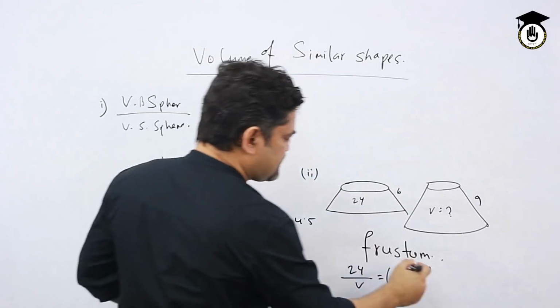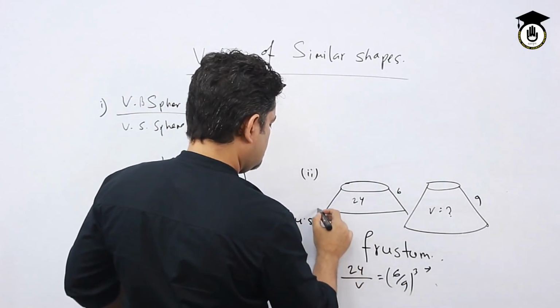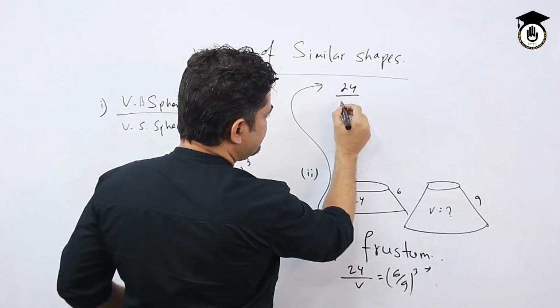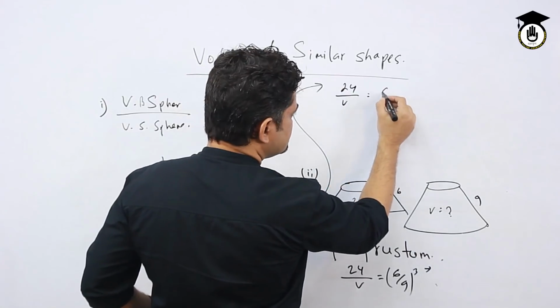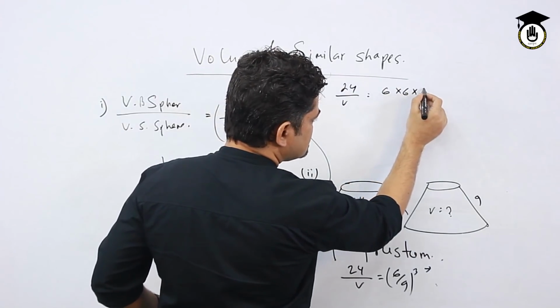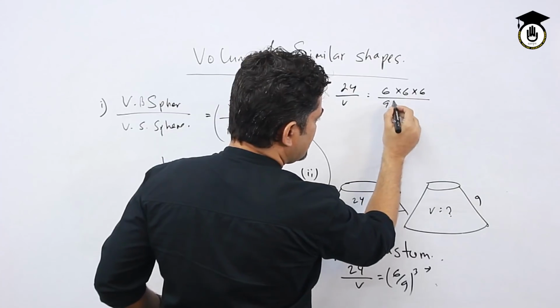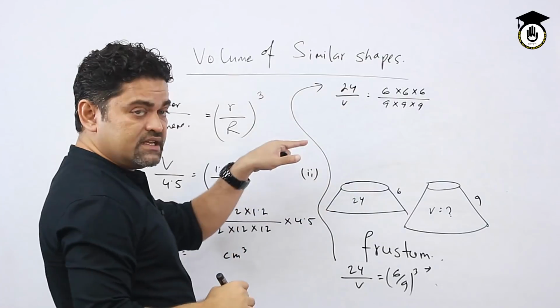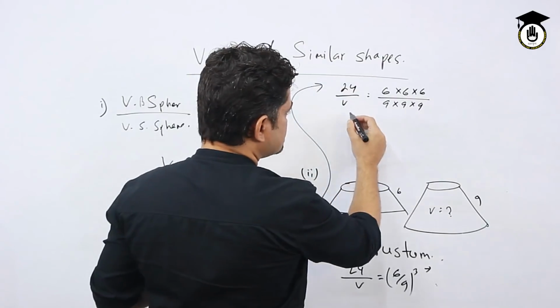So from here it comes here. 24 by V equals 6 into 6 into 6 divided by 9 into 9 into 9. As it's a cube, I am writing it out to make you understand.